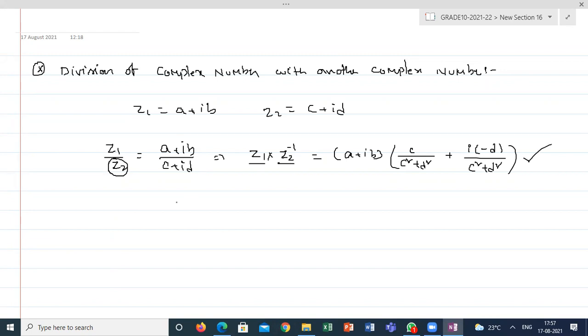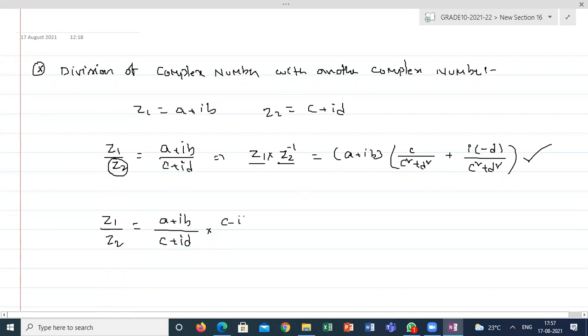Sir, I am not comfortable with the formula. Simple. Z1 by Z2 is nothing but a plus ib divided by c plus id. No need to remember this one. Just multiply both the numerator and denominator with c minus id. Then whatever answer you get, that is the division of Z1 by Z2. Is it clear, guys, what I'm saying? Yes, sir.